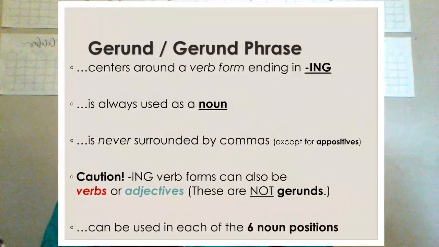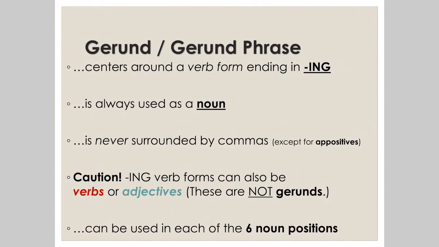Gerunds or gerund phrases center around a verb form ending in ing. It's always used as a noun. It is never surrounded by commas except for appositives, so they can be in appositives. So be careful: ing verb forms can also be verbs or adjectives. These are not gerunds. We will see them.